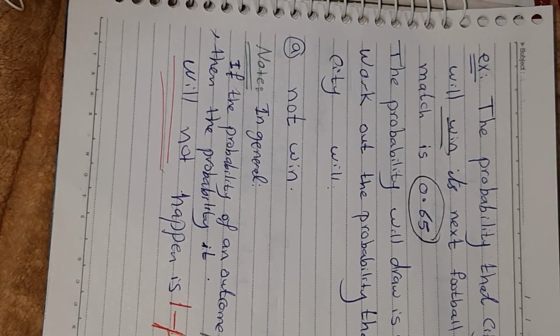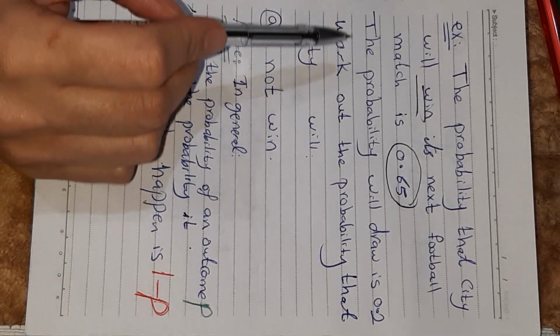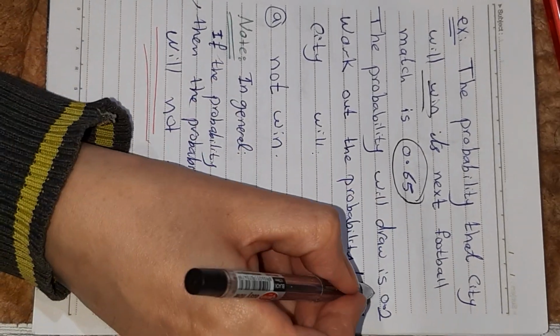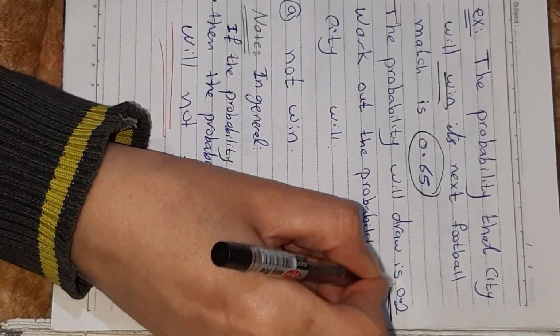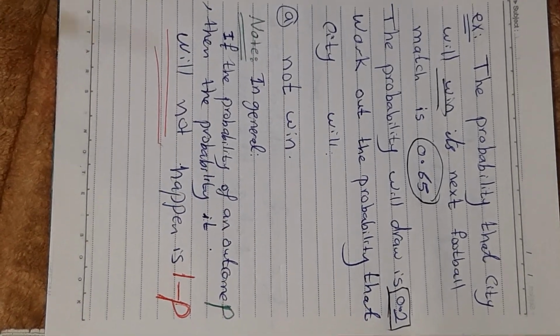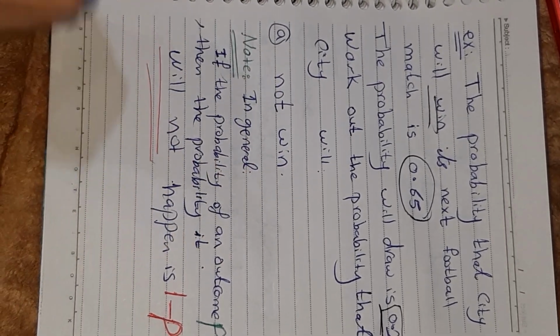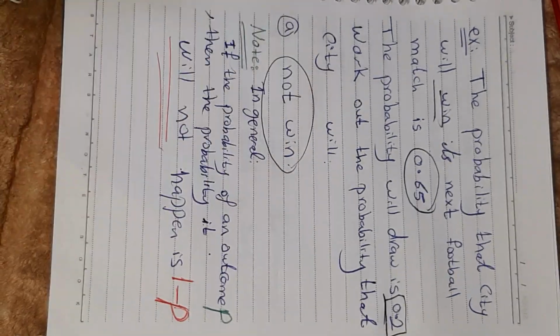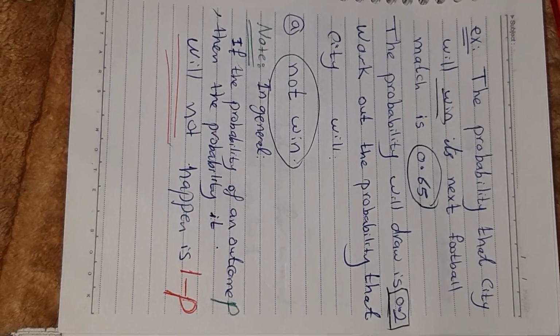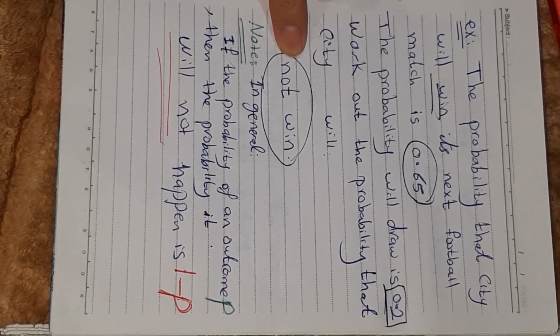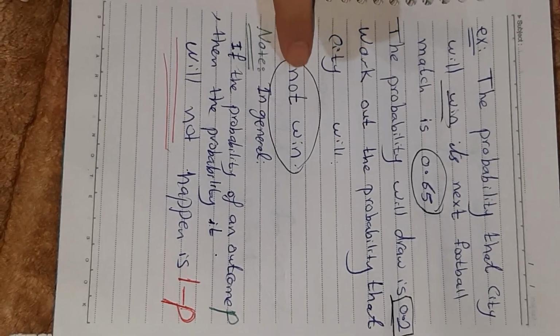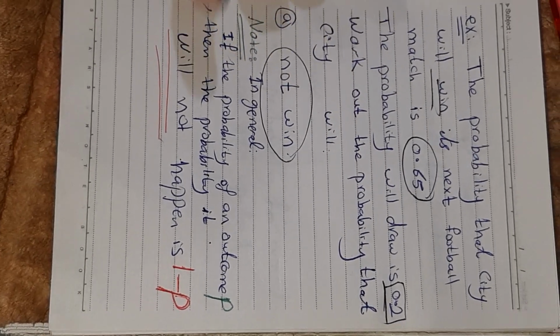Also, the probability that they will draw is 0.2. Now, work out the probability that City will not win. How can we find this probability? Look, before doing this example, you have to know this note in general.